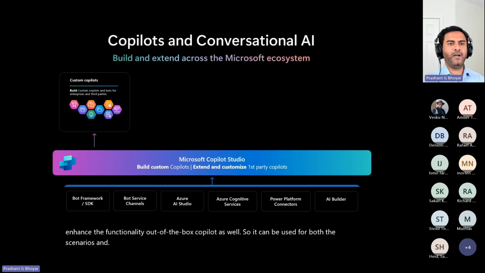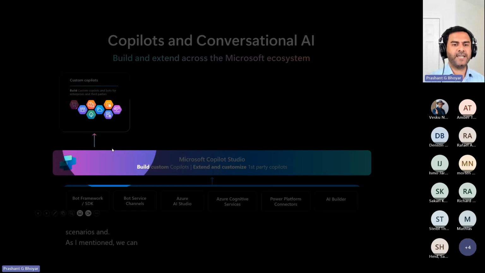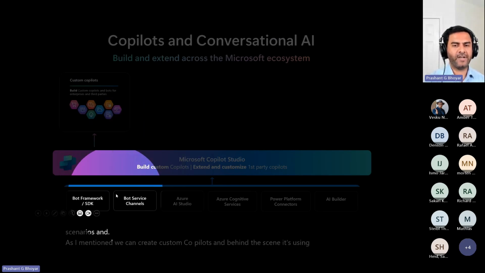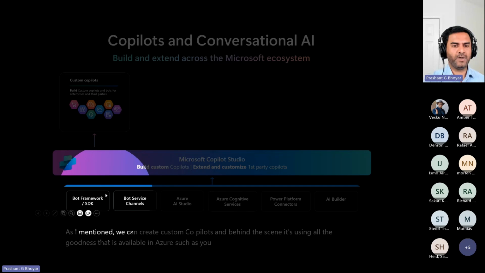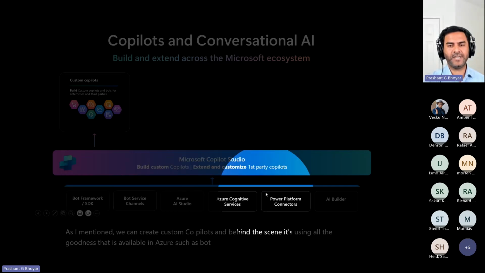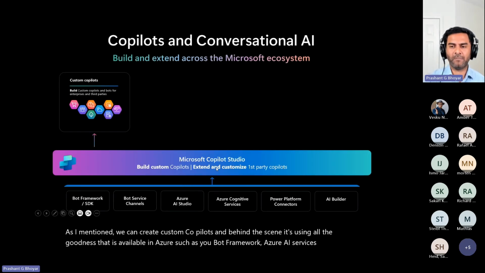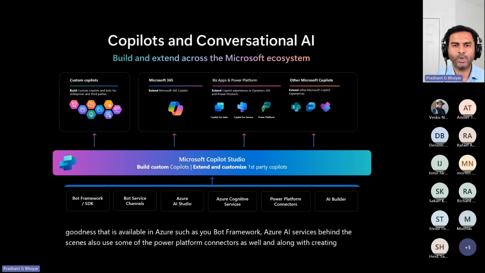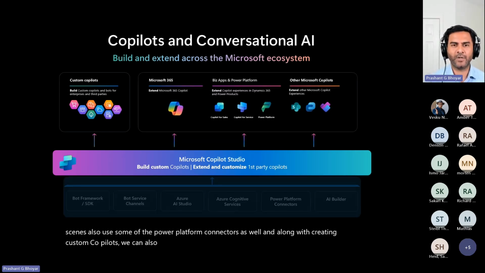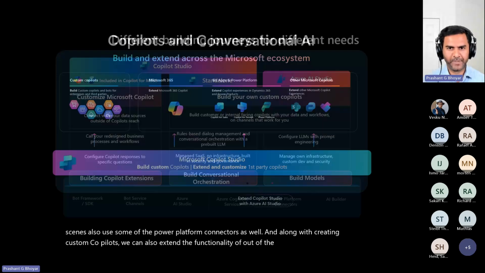As I mentioned, we can create custom copilots, and behind the scenes, it's using all the goodness that is available in Azure, such as Bot Framework and Azure AI services. Behind the scenes, it also uses some of the Power Platform connectors. And along with creating custom copilots, we can also extend the functionality of out-of-the-box Copilot.